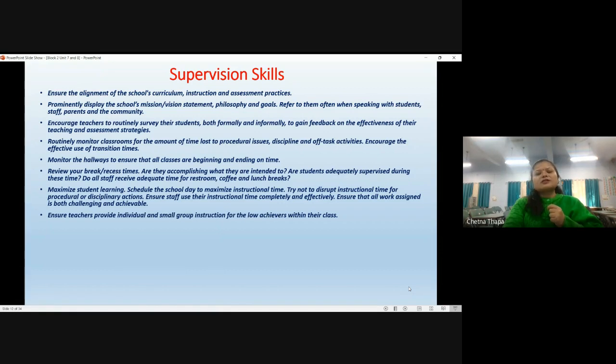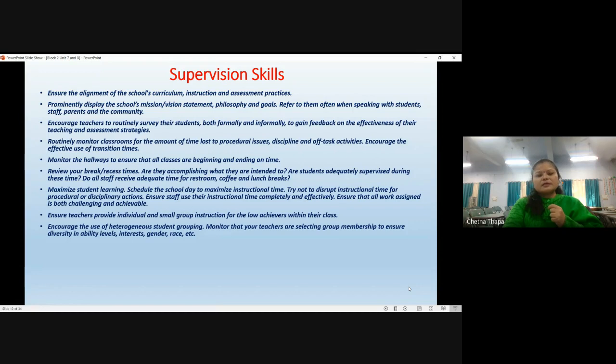You should also ensure that teachers provide individual and small group instruction for low achievers within their class. When they are low achievers, there should be remedial teaching for them by the teachers concerned. You should also encourage the use of heterogeneous grouping of the students.